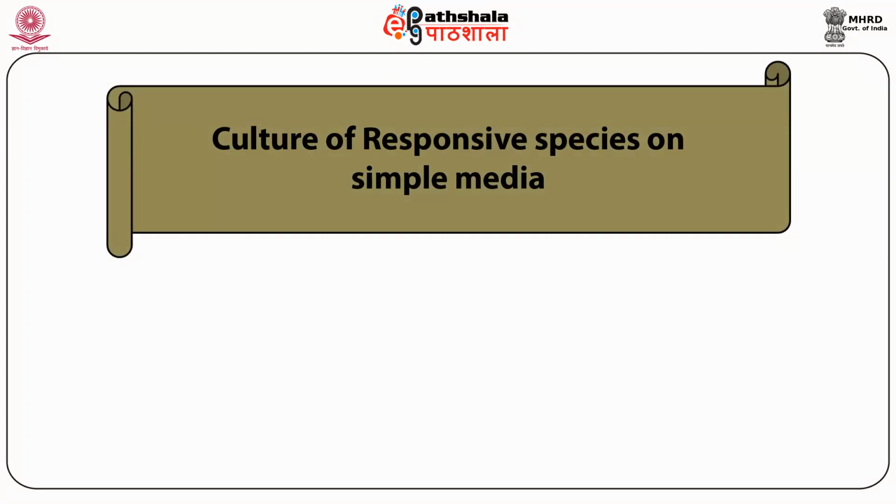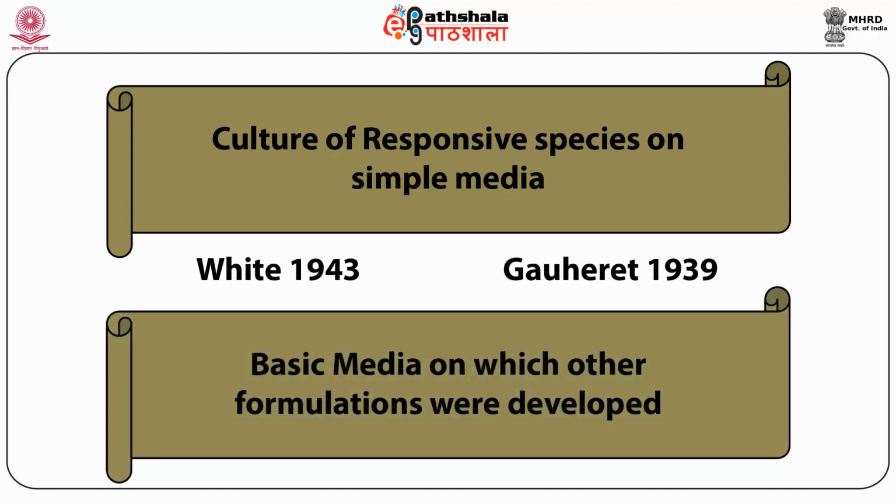I'd like to mention that the initial media which were prepared were very simple, and scientists succeeded at this stage because they were growing cultures of species which today we know are highly responsive. White in 1943, and Gautheret in 1939, were the first to develop a nutrient solution media on which all later formulations are based.